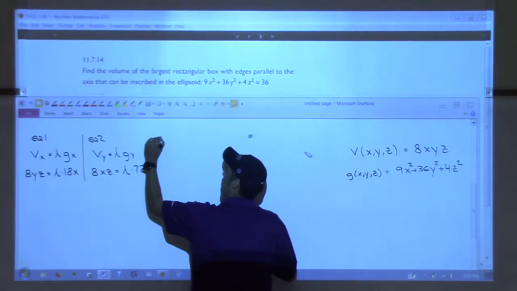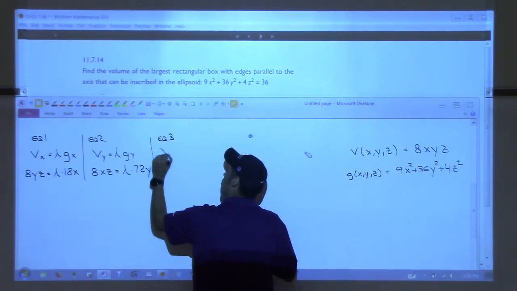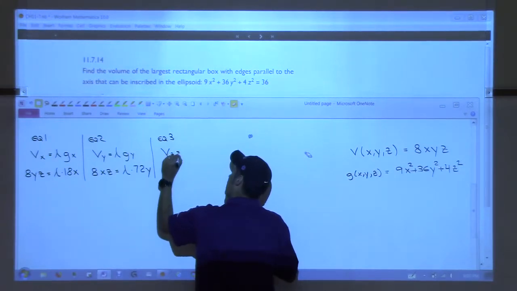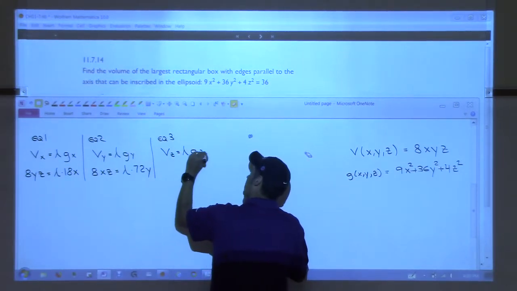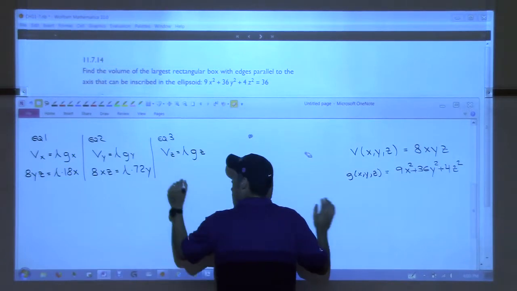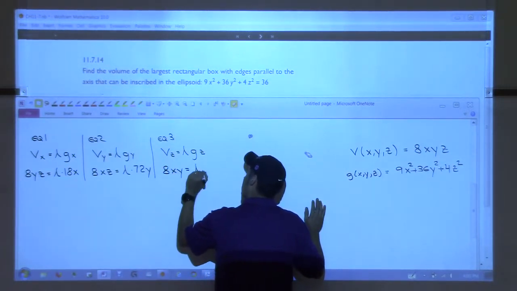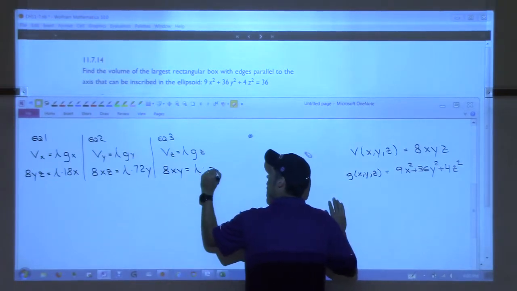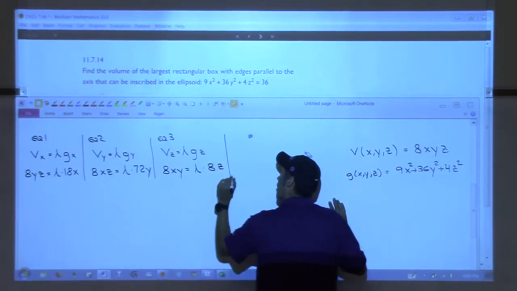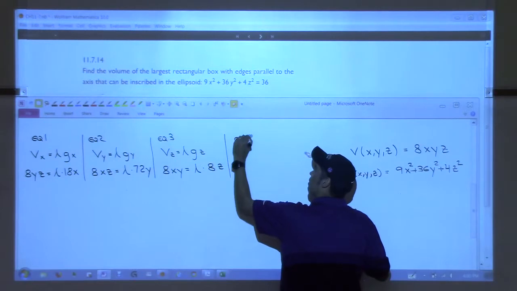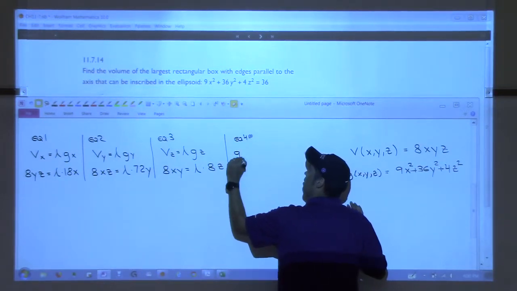And then equation 3, the partial of v with respect to z equals lambda times the partial of g with respect to z. Kind of getting the same thing happening here. 8xy, lambda, and then what, 8z? And our last equation is the actual constraint itself.